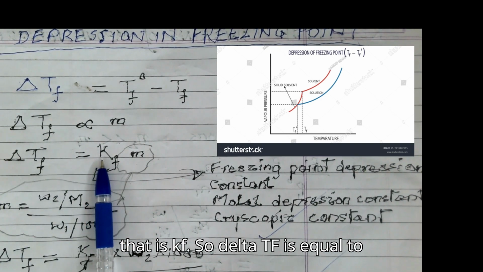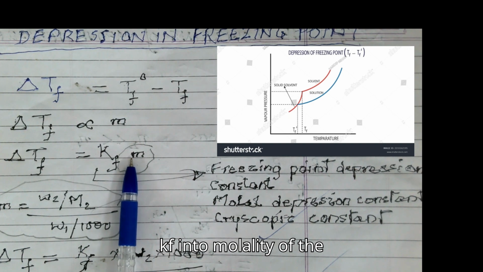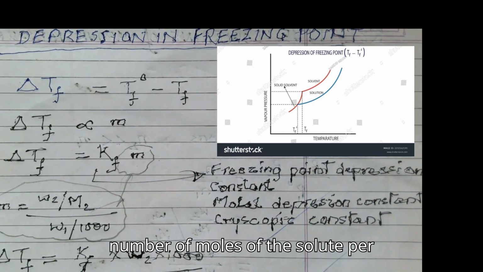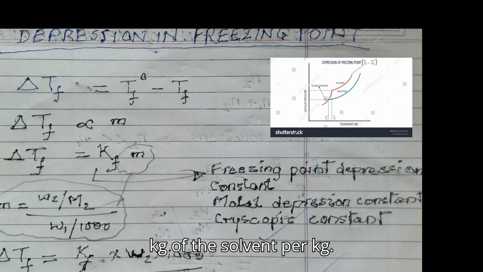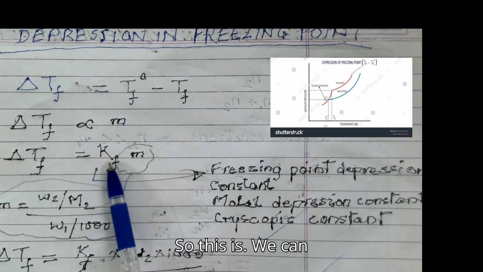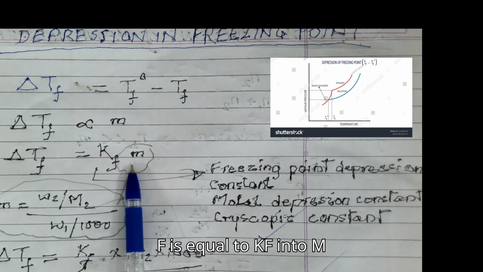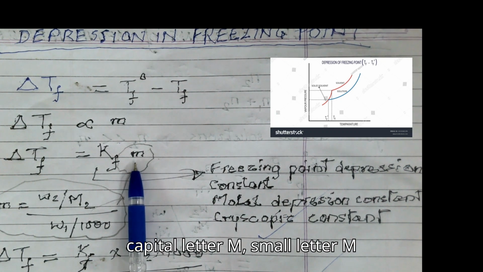So delta Tf is equal to Kf into molality of the solution. Molality means the number of moles of the solute per kg of the solvent. So we can say that delta Tf is equal to Kf into m, small letter m.